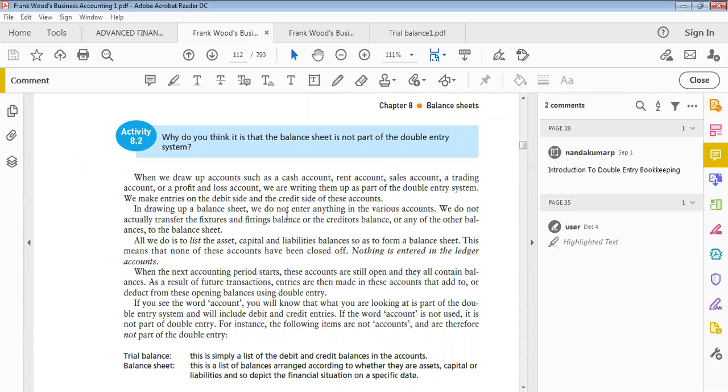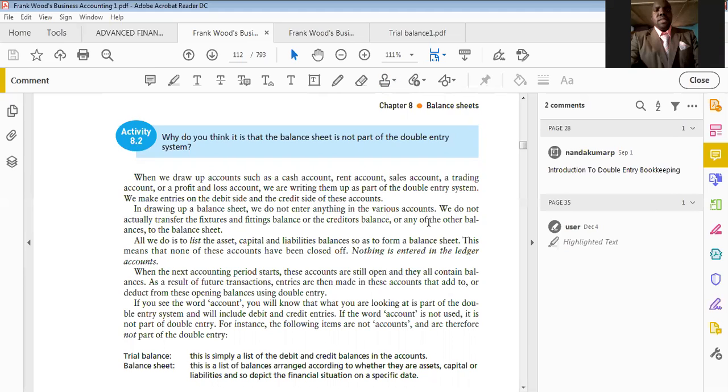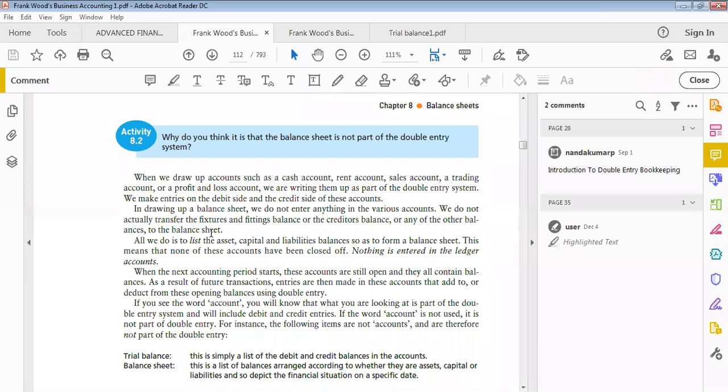In drawing up a balance sheet, we do not enter anything in the various accounts. We do not actually transfer the fixtures and fittings balance, or the creditors balance, or any of the other balances to the balance sheet. All we do is list the asset, capital, and liabilities balances so as to form a balance sheet. This means that none of these accounts have been closed off.